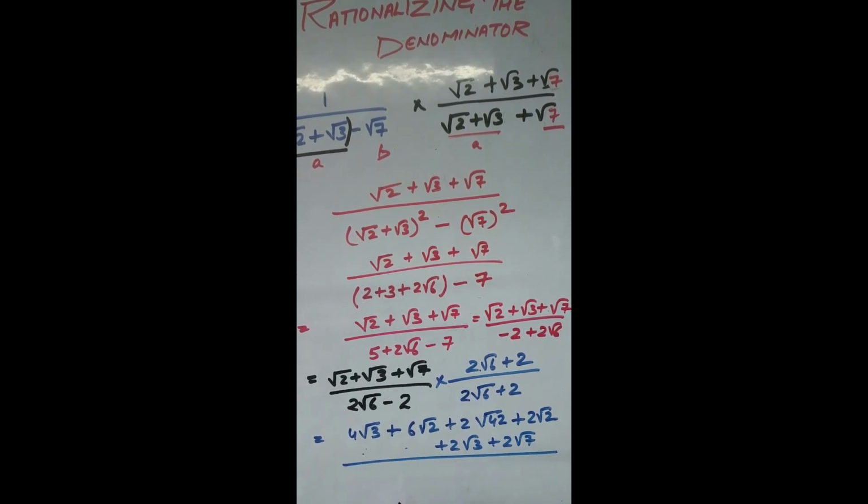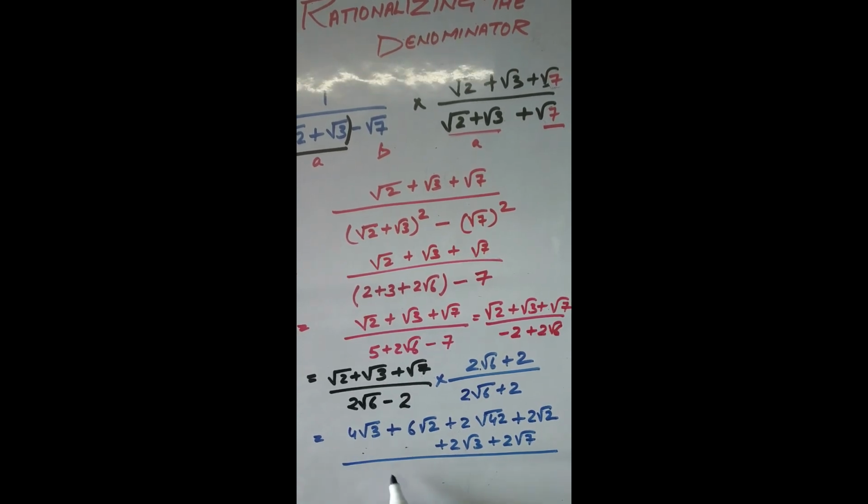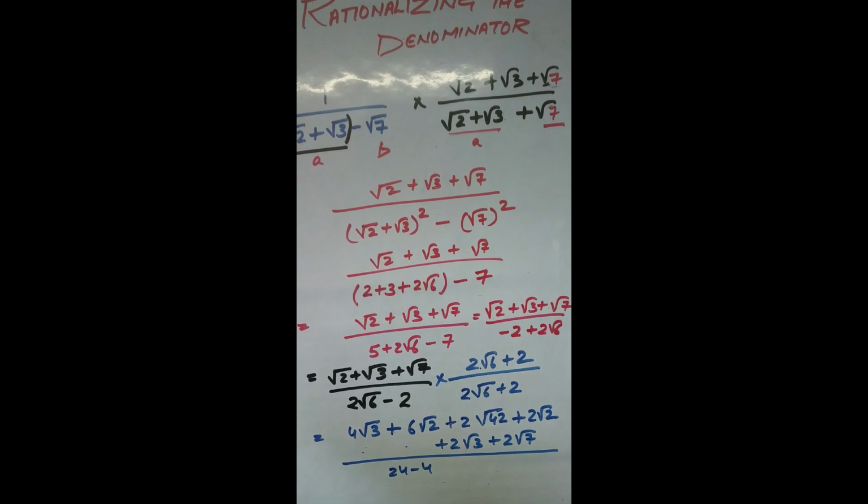And then our denominator is gonna be A square minus B square, which is 24 minus 4. So what it means actually equals to 24 minus 4, which means we got a rational number in the denominator.